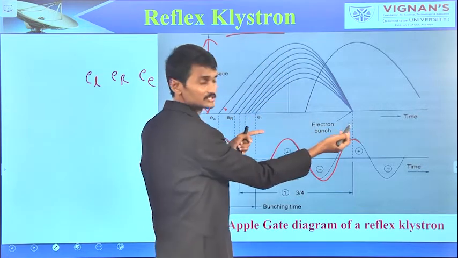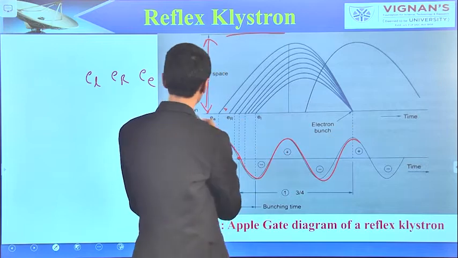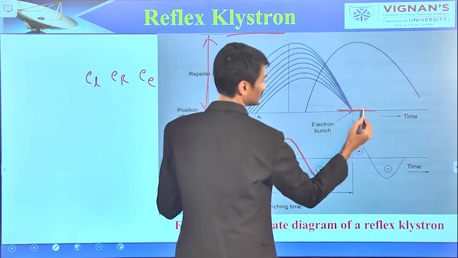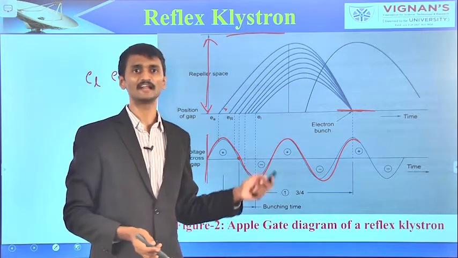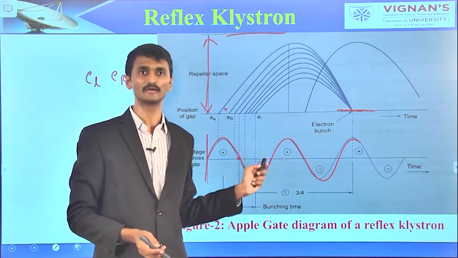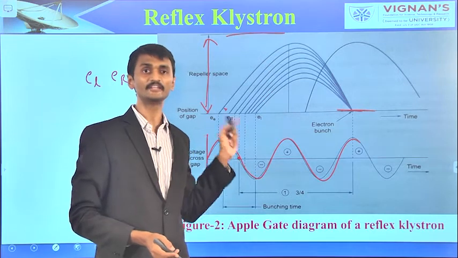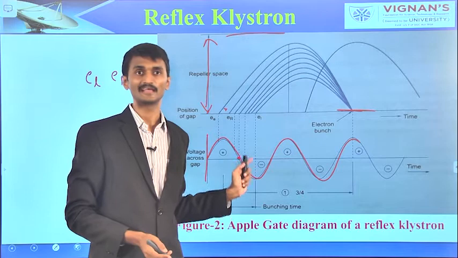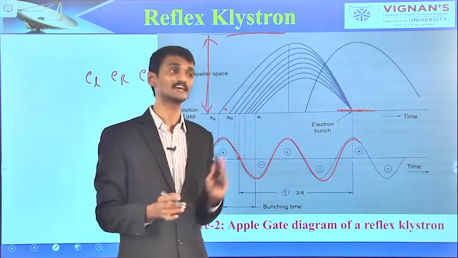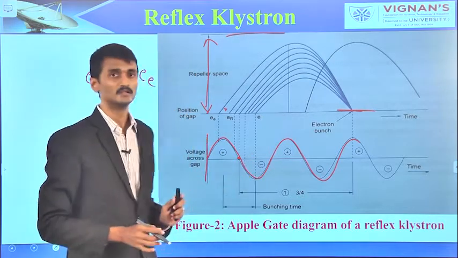So the electrons return to the gap position a second time. Now the RF voltage produced across the gap by the cavity resonator acts on the electron beam to cause velocity modulation.